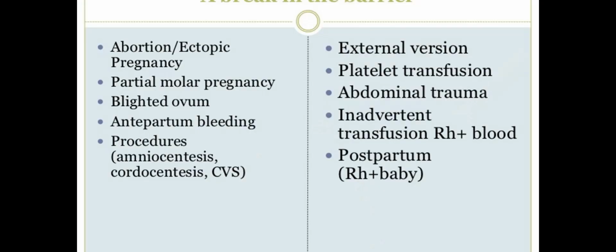Now this is the picture showing the potentially sensitizing events.